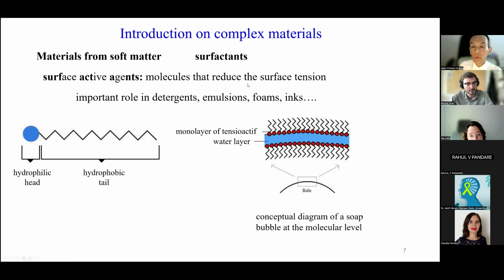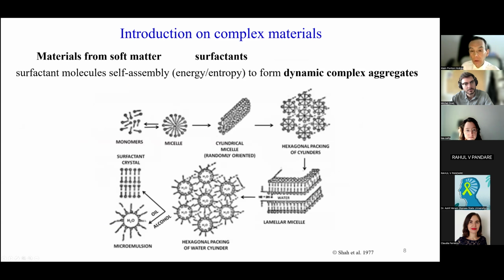Surfactants. Surfactants are molecules with a hydrophilic head and a hydrophobic tail. Depending on concentration and temperature, these molecules can form micelles. The shape of micelles depends on many different physical and chemical conditions and on the arrangement of these surfactant molecules.